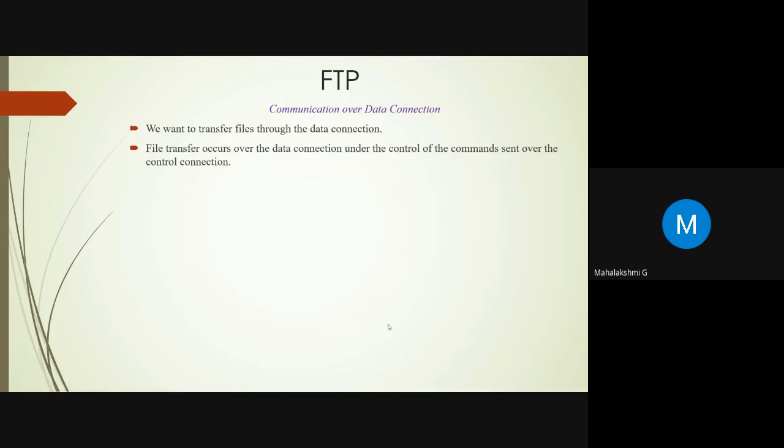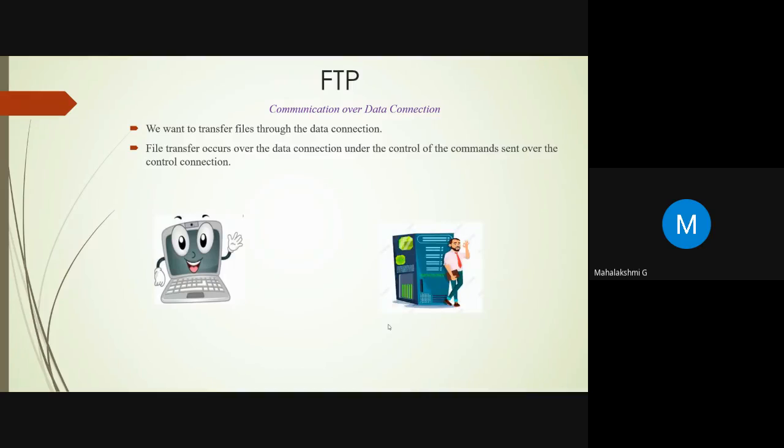You are going to transfer the file only using the data connection, but based on the commands using the control connection. Clear? So here, the file is going to be transferred using the data connection.